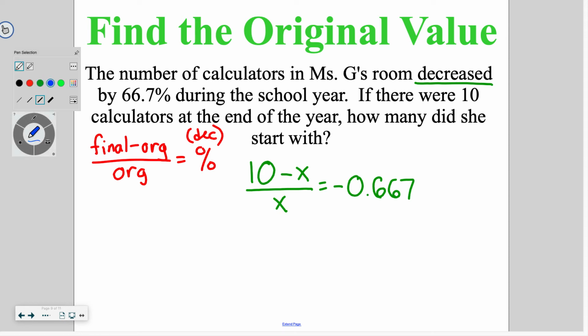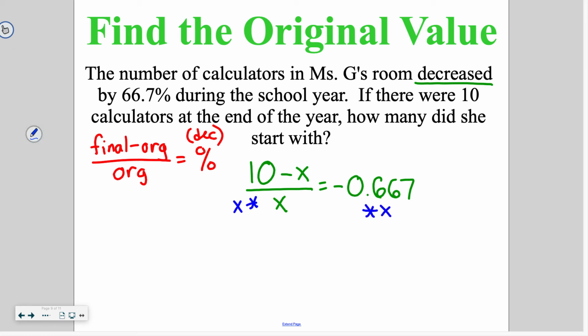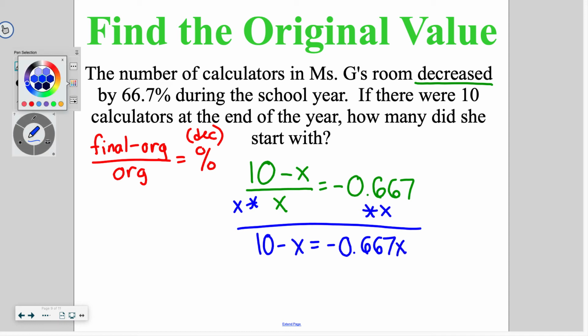Now, to solve this, we've got to get rid of the x on the bottom. So we're going to go ahead and multiply both sides by x, giving me 10 minus x is equal to negative 0.667x after we multiply. Then I need to combine my variables, so I'm going to go ahead and add an x to both sides.